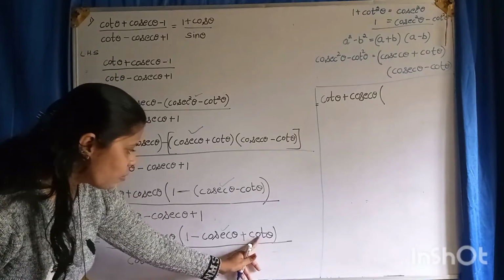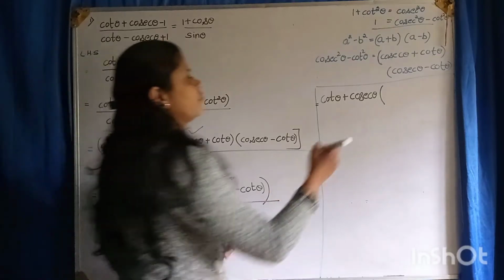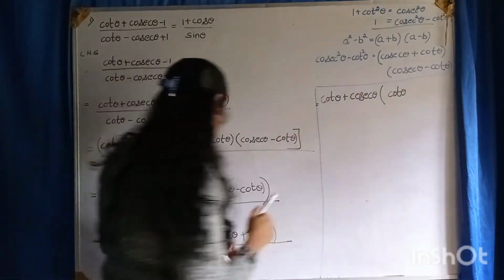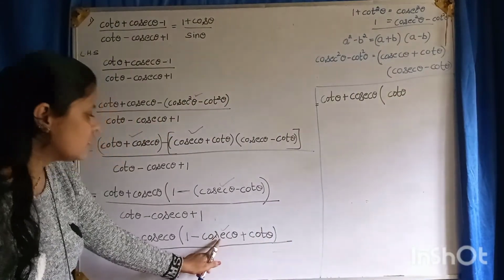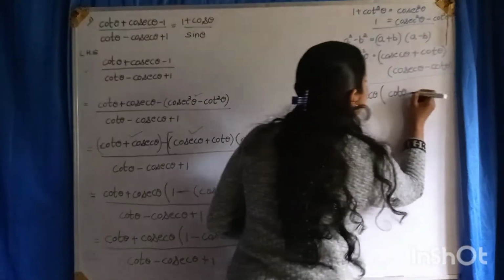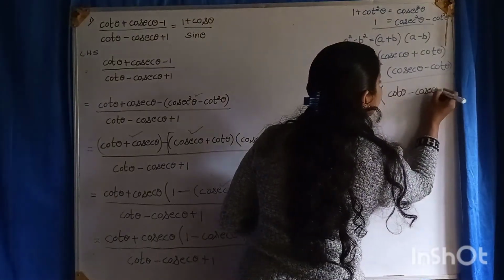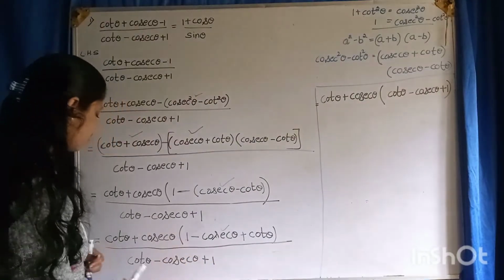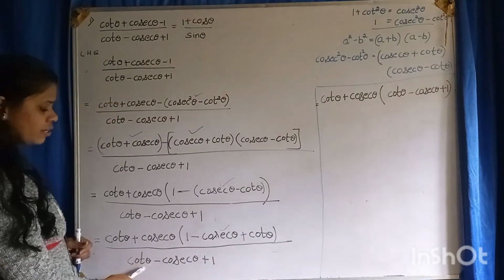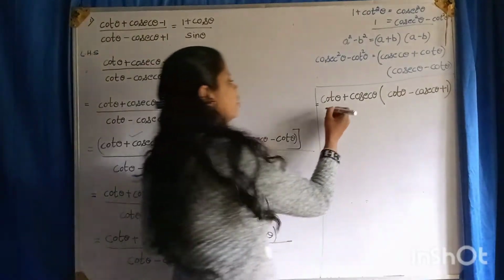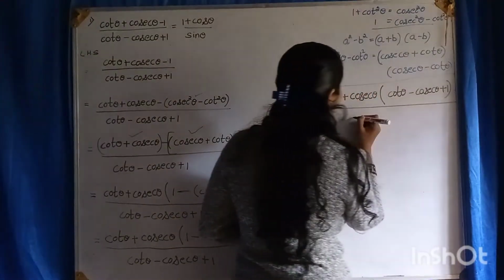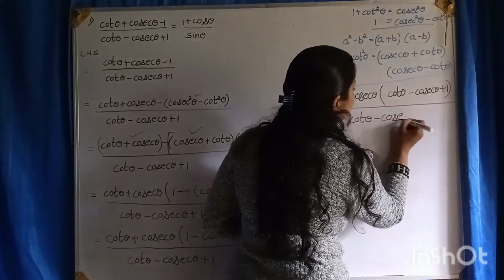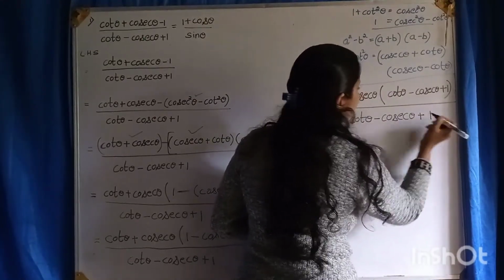I will write cot theta first. Cot theta, and for cot theta we have plus sign. So plus cot theta minus cosecant theta plus 1, whole divided by cot theta minus cosecant theta plus 1.